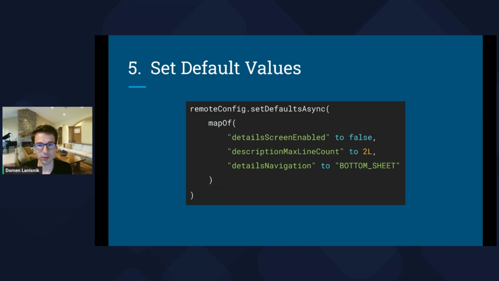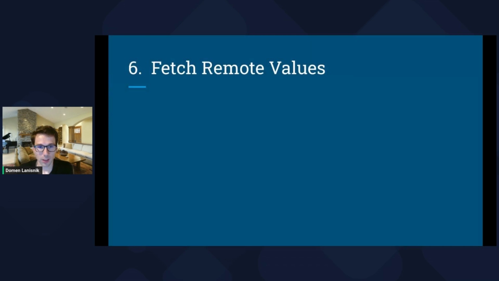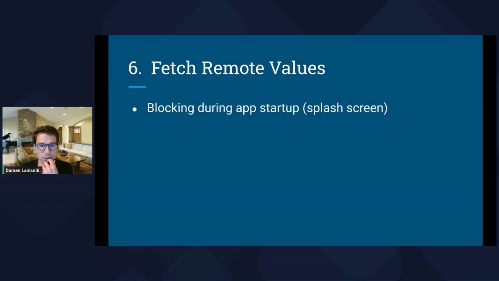And you can control the default values by providing them to the remote config object, either as a map, as we're doing here, or through the XML option. So the first time before the values are fetched, you will get whatever you set up as default. Cool. So once you have this done, you can then move on to how to fetch remote values.